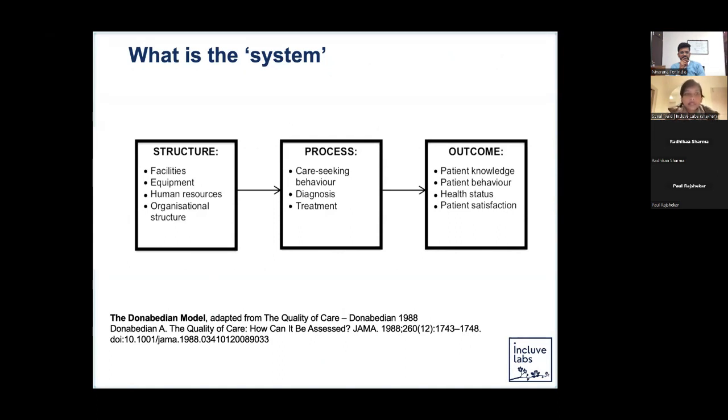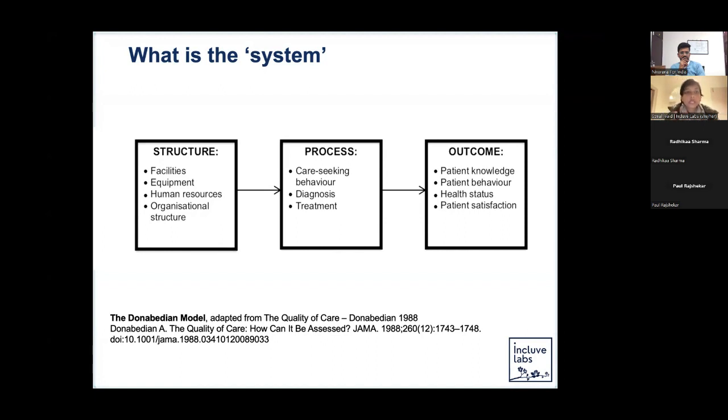So all of these are complex entities which have a structure. A structure can be the building, the structure can be the people who are working on it, their skills, their training, and how the organization is ordered. That's all structure. And then the process, right? How do all those elements which are in the structure actually come together?